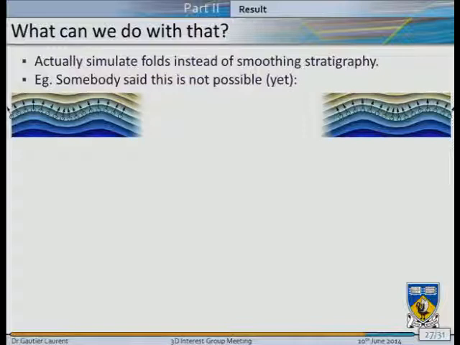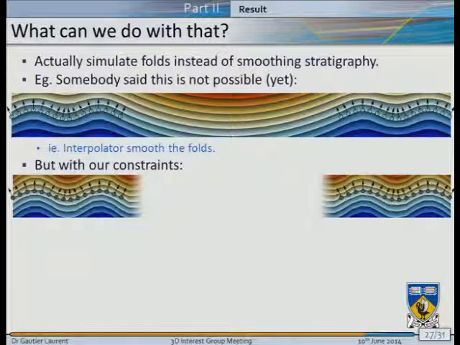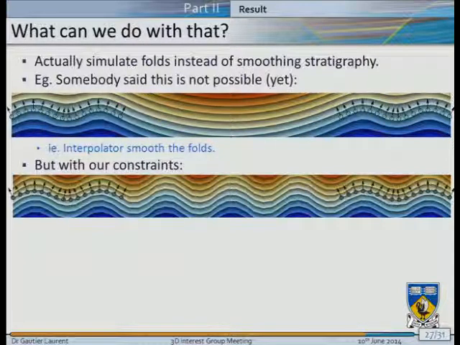And Mark was interestingly pointing out that an interpolator will just smooth what is in between and completely miss the fact that you have a fold like that, unless you go and draw the fold by hand. So it's basically nearly what we are drawing, but doing it in a more automated and systematic way and using implicit fields too. So with our constraints, it is in fact reproducing this wavelength quite well and propagating it through the model.